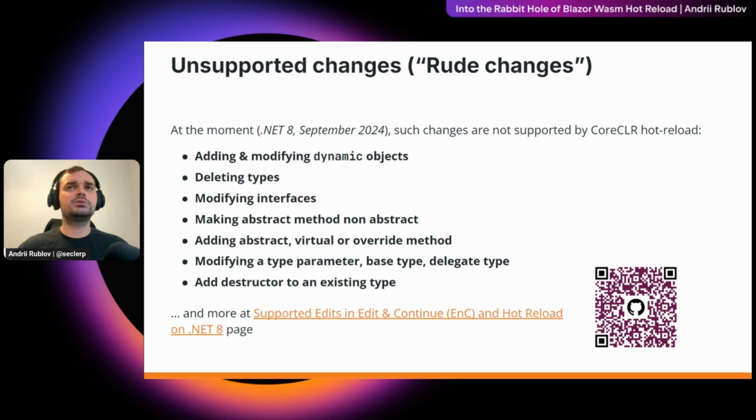For example, adding or modifying dynamic objects, deleting types, modifying interfaces, making abstract methods non-abstract, adding abstract, virtual or override methods, modifying the type parameter, base type, delegate type, or adding a destructor for an existing type. You can see the full, constantly updated list by following the QR code. This and other links will also be available at the end of the presentation.